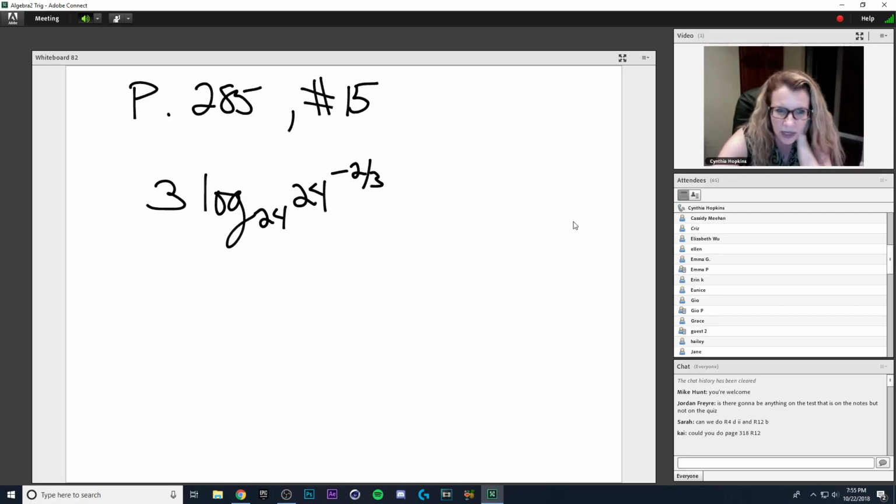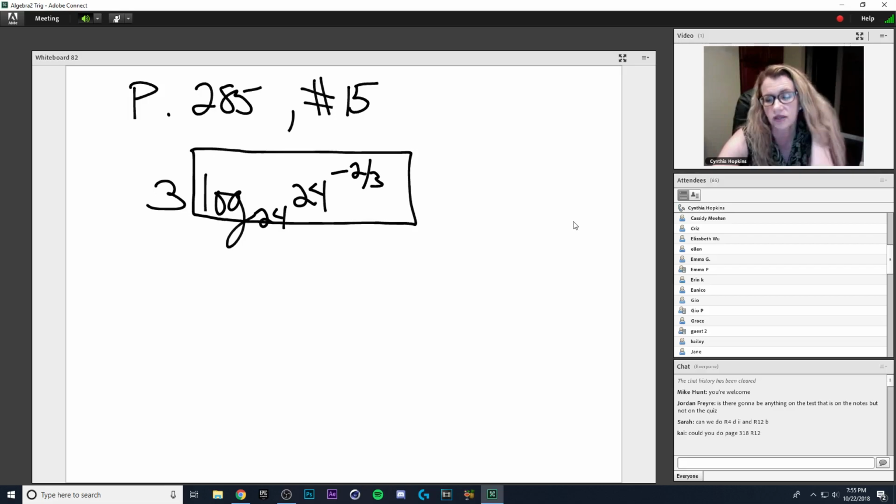But if we were in class together, I would ask you what name I can give this. I'm looking for one of 3 answers. Leah, I don't know who your teacher is, but I don't know if they emphasize the names of the 3 properties of logs, but they all have names. The first name the book calls a log of a product.